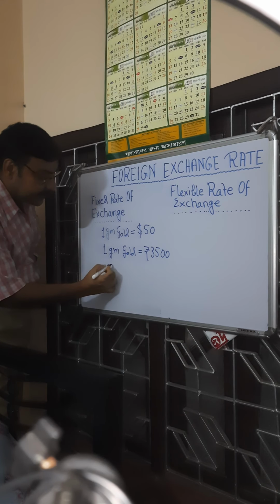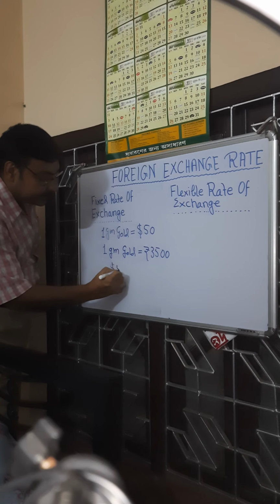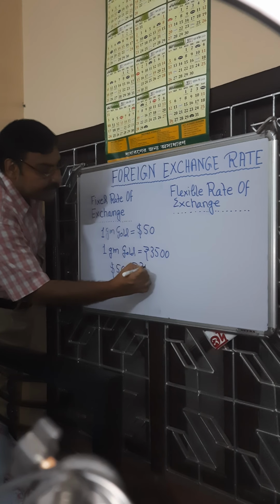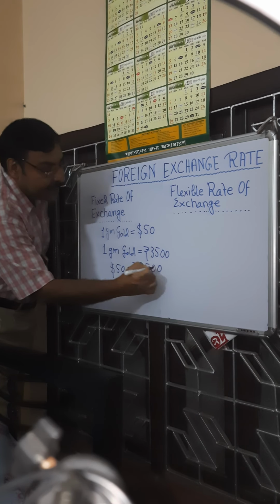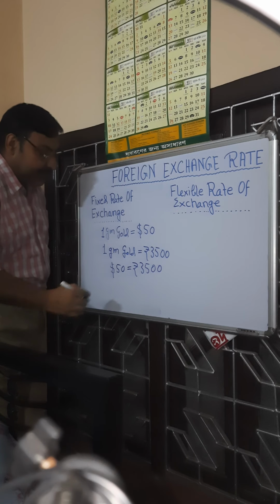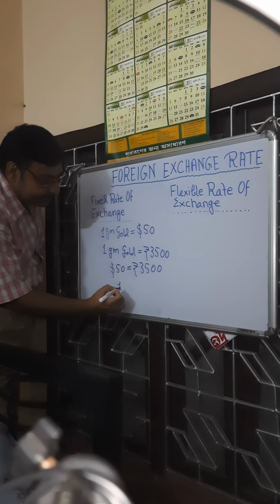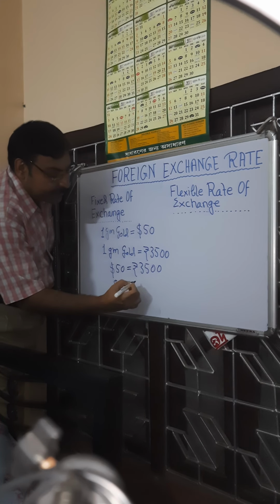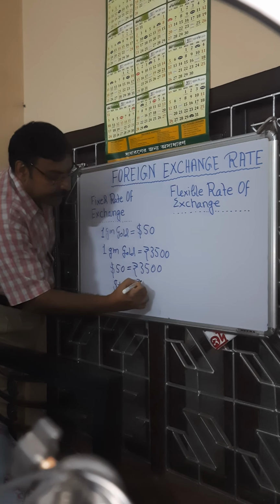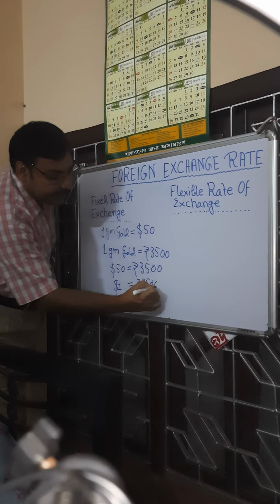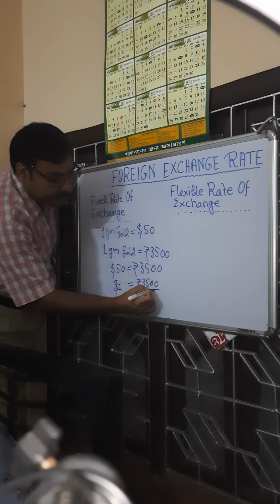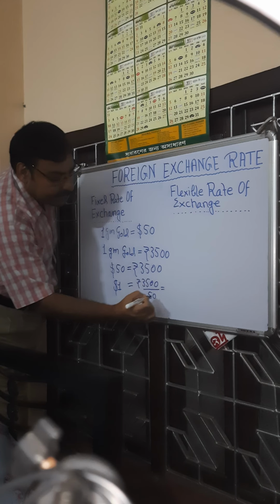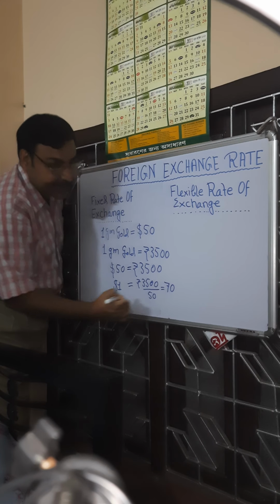So we can write $50 is equal to rupees 3500. So $1 is equal to rupees 3500 divided by 50, which is equal to 70.